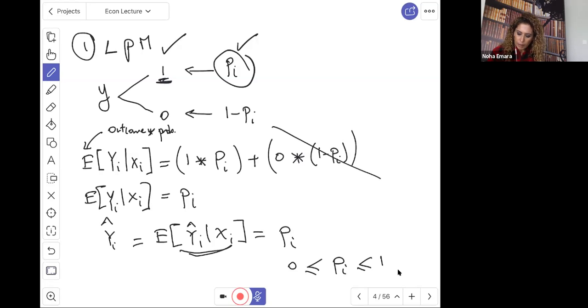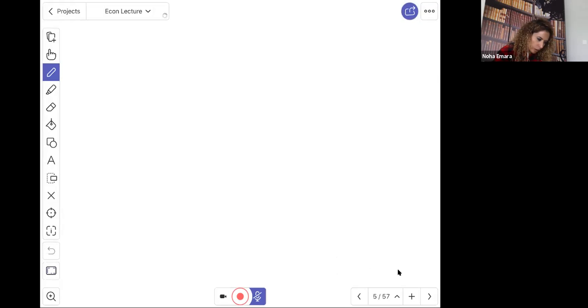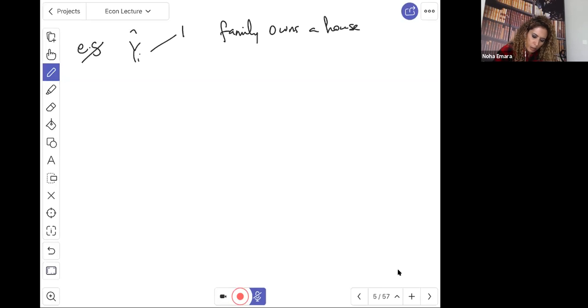So let's take an example. Suppose that I have data for yi that takes 1 if a family owns a house. Like you have a sample of families, let's say 50 families, and you're asking each and every family, do you own a house? If they say yes, it's 1.